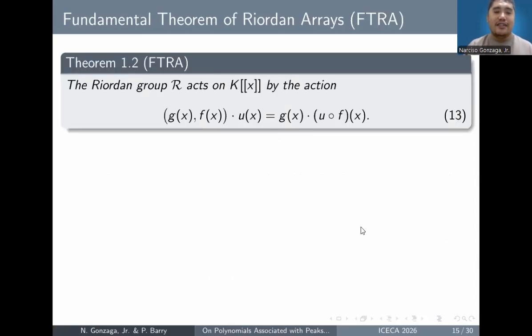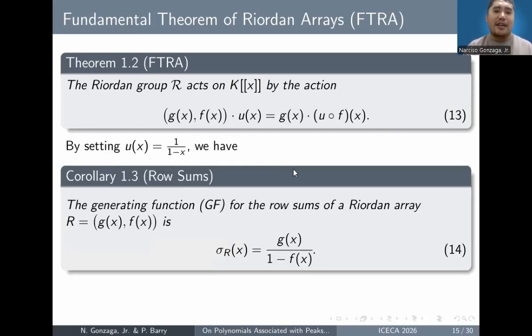And finally, we take note of the fundamental theorem of Riordan arrays, which says that the Riordan group acts on the ring of formal power series by the action defined in equation 13. Now, this action simply imitates the matrix-vector product you can see in linear algebra, because you can interpret these as matrices and vectors as well.